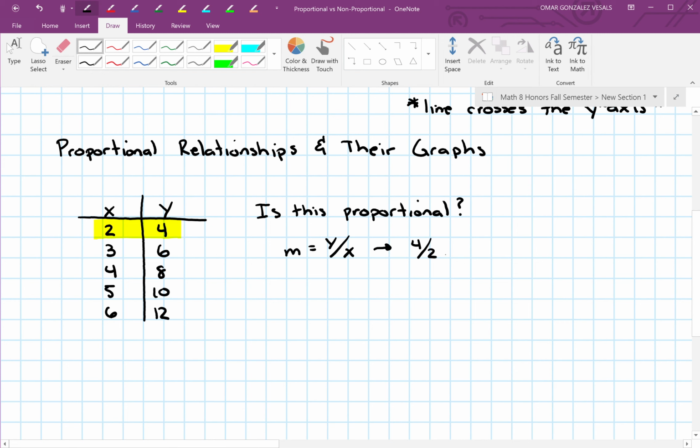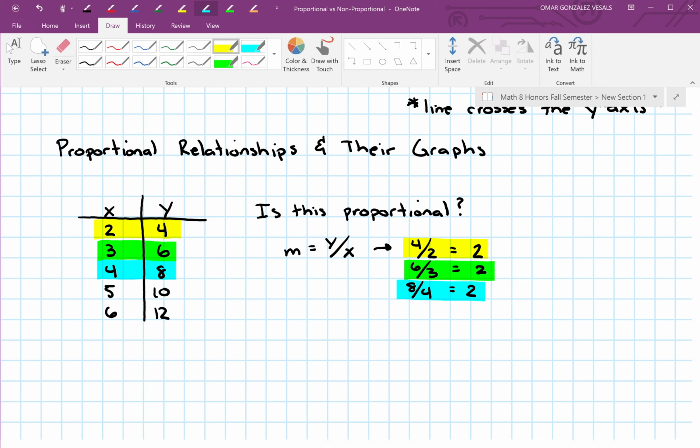What is the constant of proportionality there? 2. That's 2, right? What about 6 over 3? Is also 2, right? What about the next one? Let me color code these for you guys. What about the next one? Would that be 4 over 8 or 8 over 4? 8 over 4. Y over x, very good. And that is 2.